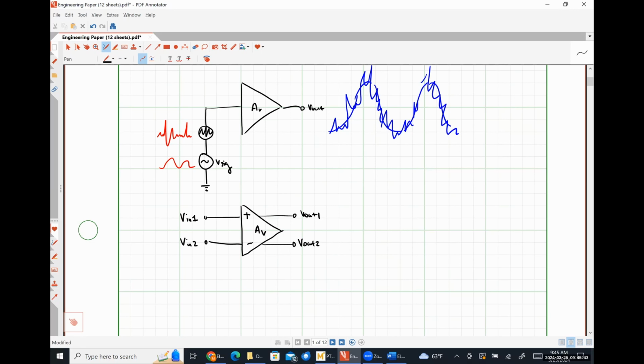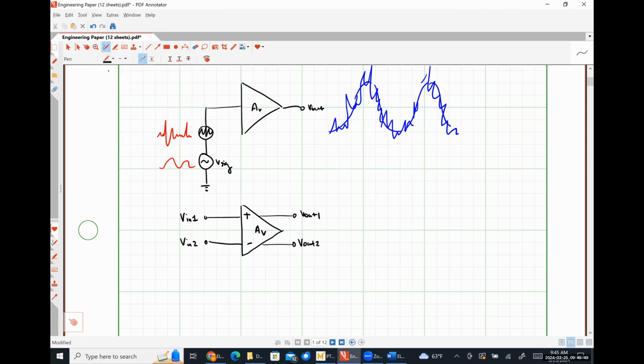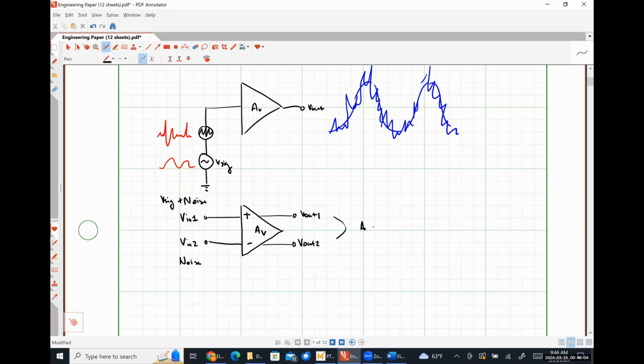So if we had our input signal 2 as just noise, and this guy up here was V sig plus noise, our output over here would just be AV times V sig effectively.